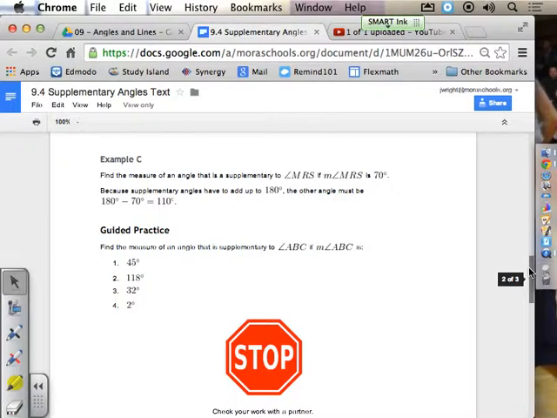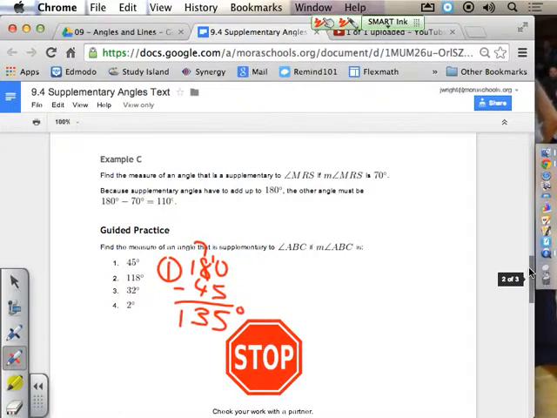All right, I hope you paused it and did the work for this. For number 1, 180 minus 45. Do some borrowing and some labeling. 135 degrees. Number 2, 118 degrees. So I take 180 since it is supplementary. Don't have to write the degree sign, but I did.